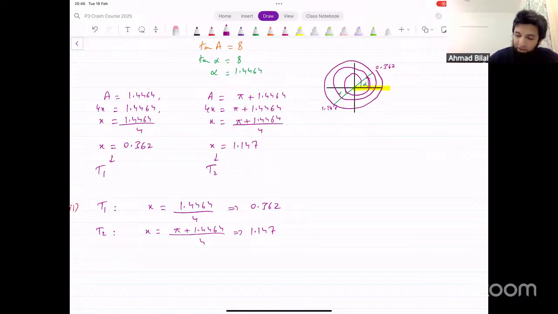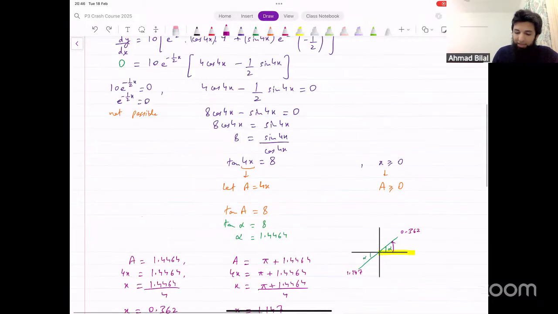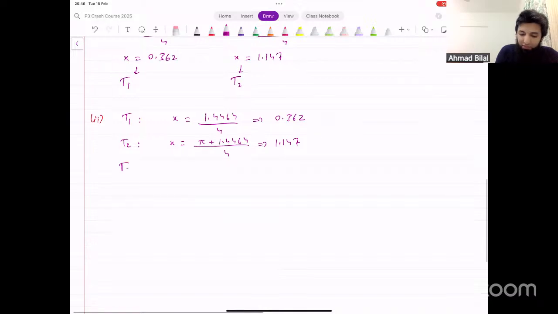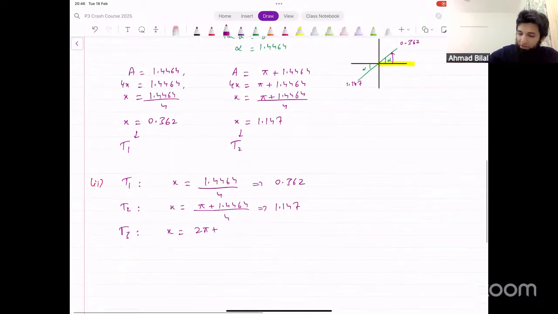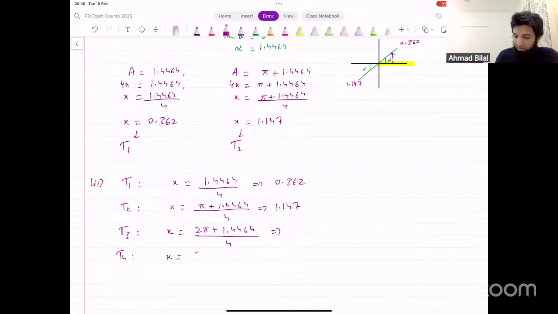You keep going on like this. So the next value here, T3, what would that be? It would be 2 pi, one full circle, plus 1.4464. But then you divide by 4, and that gives you another value. And then T4 will become 3 pi plus 1.4464 divided by 4, and that will give you another value of x.